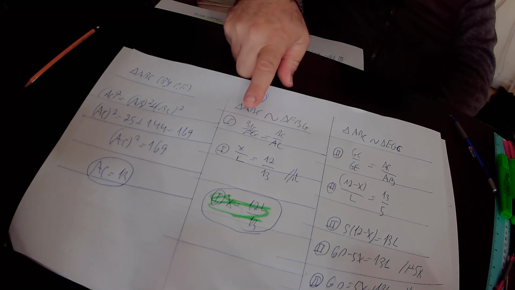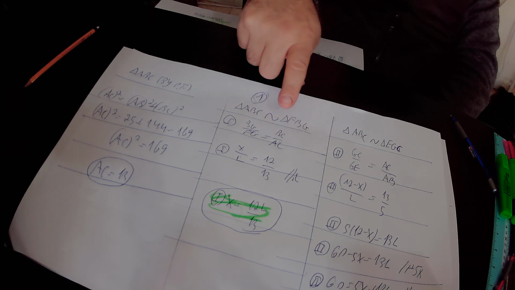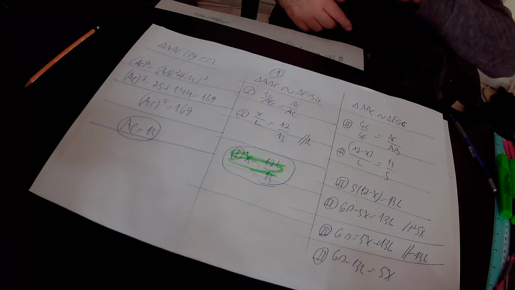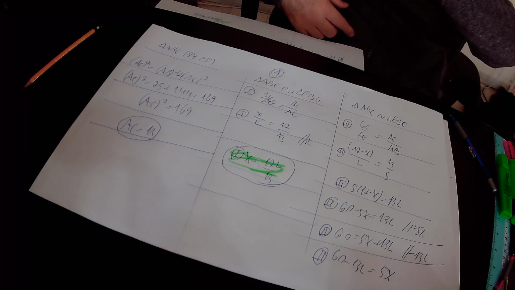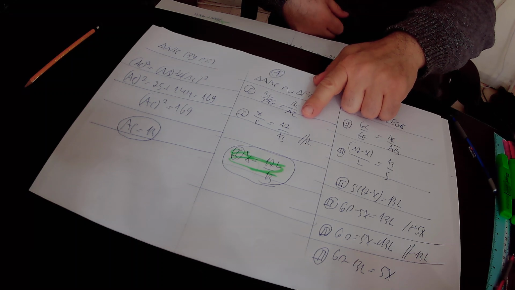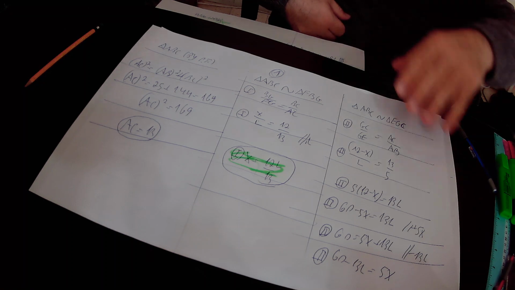BG is X, FG is L, BC is 12, and AC is 13. In conclusion, according to equation 1, X over L equals 12 over 13. Here we multiply this equation 1 by 13, and we get that X equals 12L over 13.